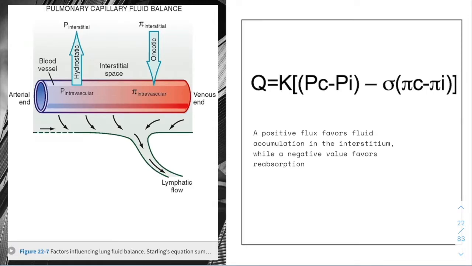If there is a derangement of either of these factors, there would be fluid formation in the interstitial space. Just remember that a positive flux favors fluid accumulation in the interstitium, while a negative value favors reabsorption. Whatever fluid remains in the interstitium is taken care of by your lymphatic system.